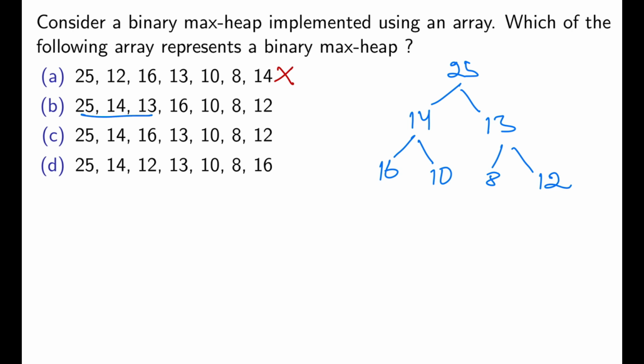Now we can check 25, 14, 13. So here it is satisfied. Then 14, 16, 10. So here you can see the property is violated. 14 is not greater than or equal to 16, so the child value is greater. So we can also eliminate option B. That is not a heap.